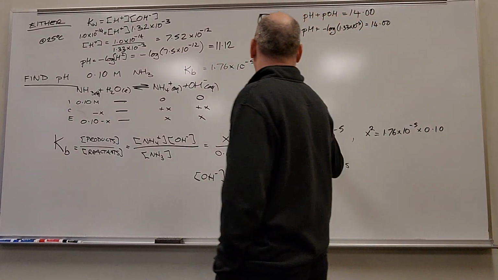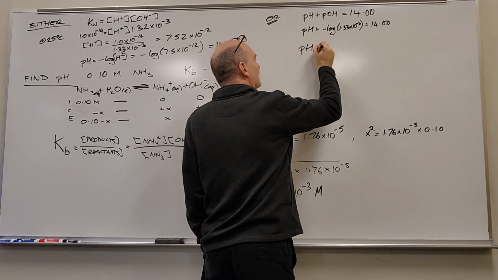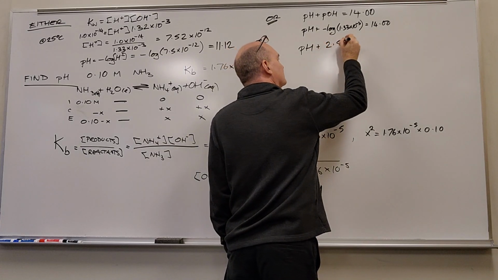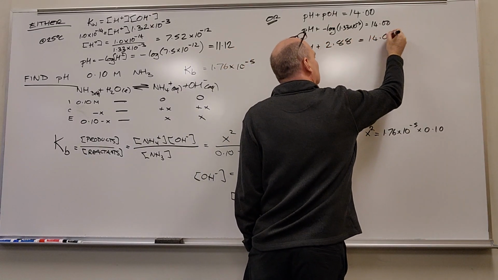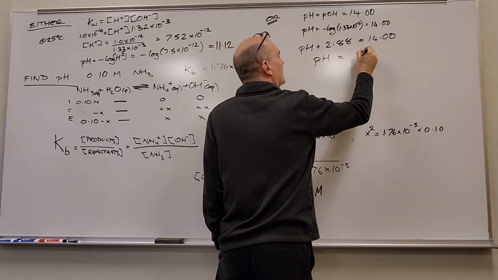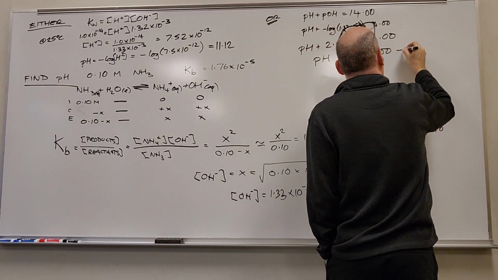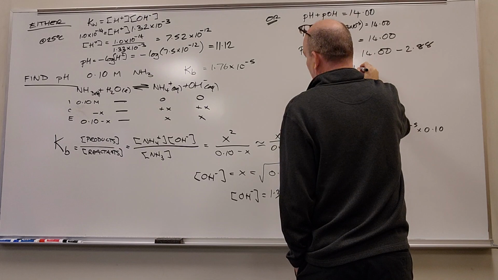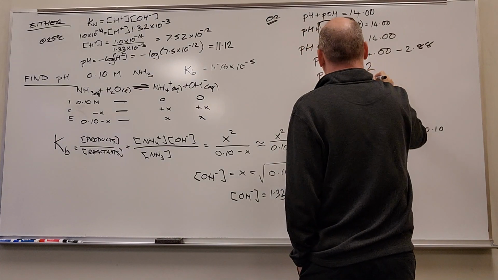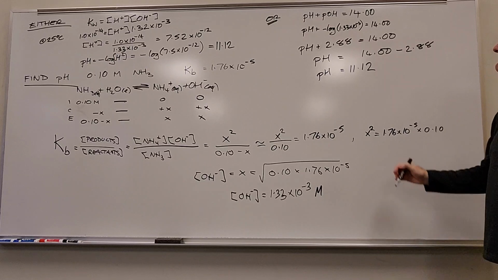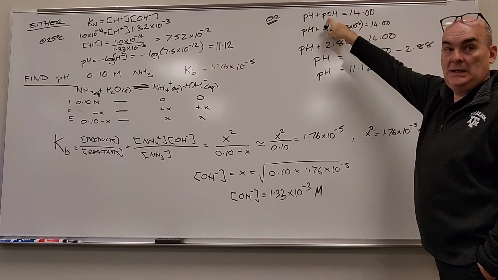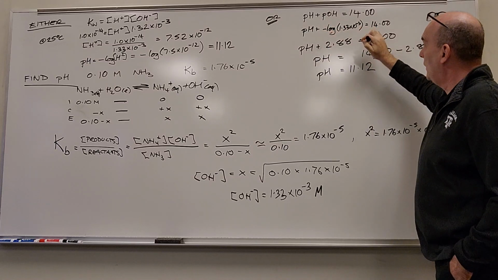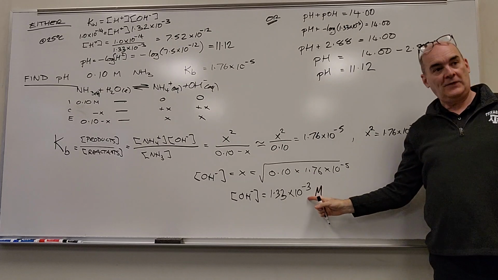Tell me what pOH is first so I can write it in. 2.88. Okay, so pH is my 14 minus 2.88, which is equal to 11.12. 2.88 is the pOH, which is the negative log of the OH concentration, which we found on that line right there.